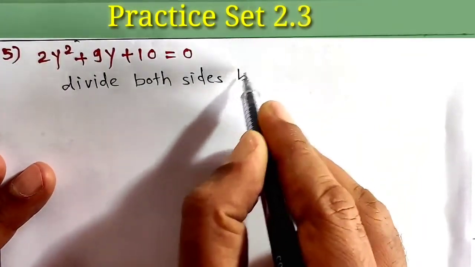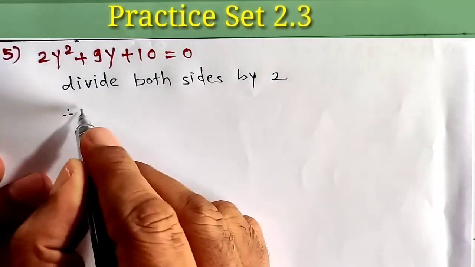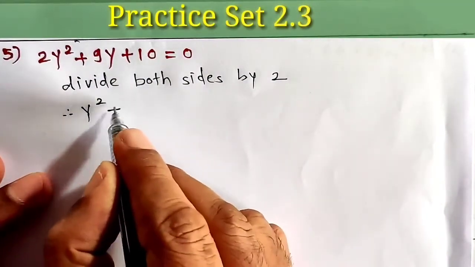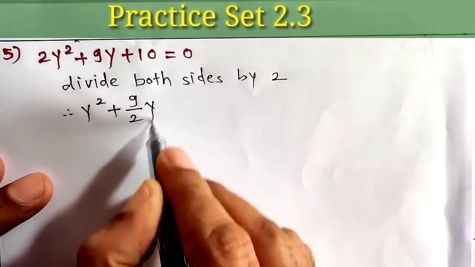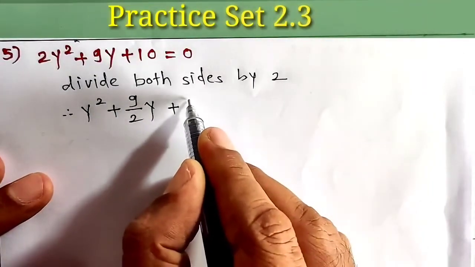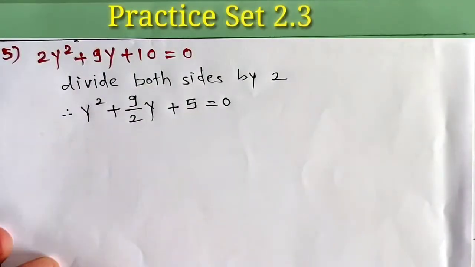By 2. So 2 gets cancelled, we get y square plus 9 by 2 y plus 10 by 2, means 5, is equal to 0. Here 10 divided by 2 we get 5.